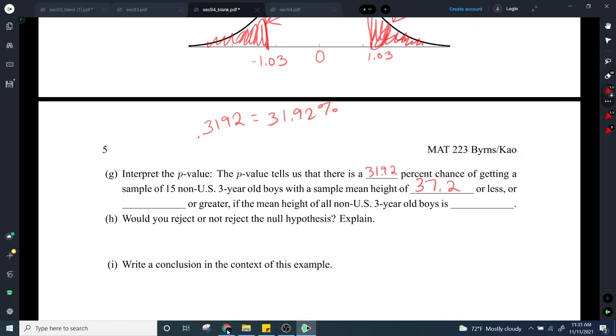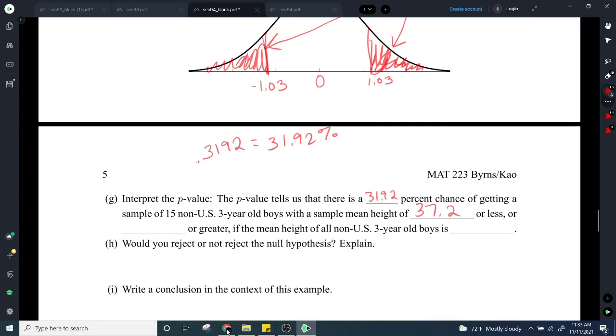Okay, let's back up. The way this is phrased, they actually want the numbers here, so it wouldn't be just 37.2 or less. I need the number on this side as well to fill in the rest of this statement. 37.2 was the original height, and 38 was what we were comparing it to.